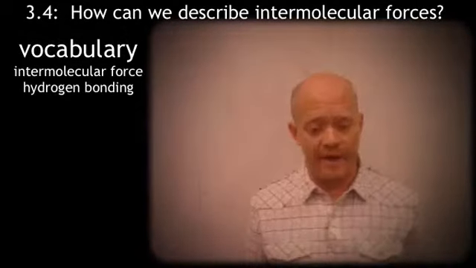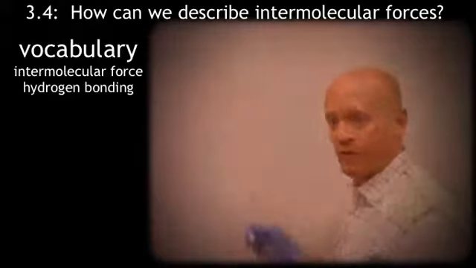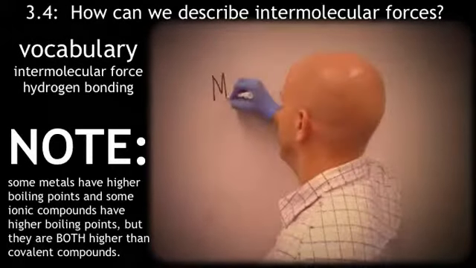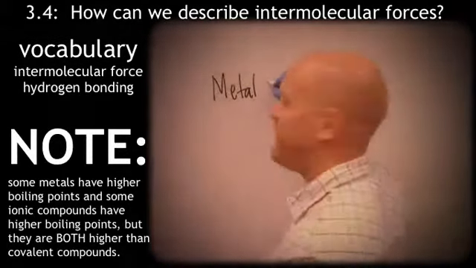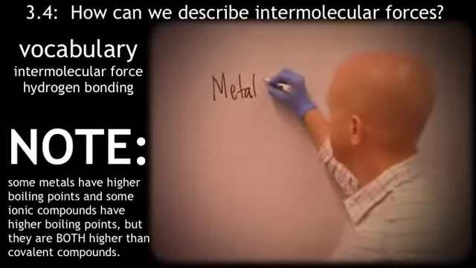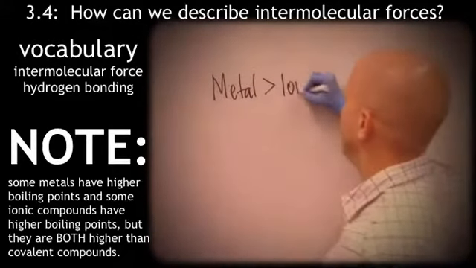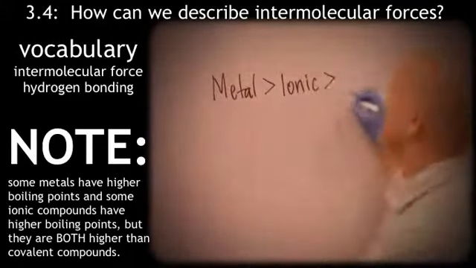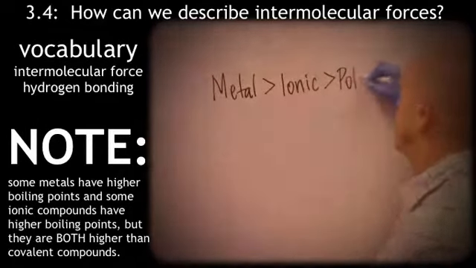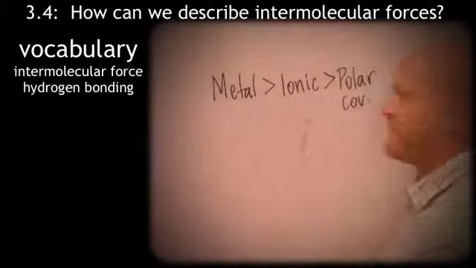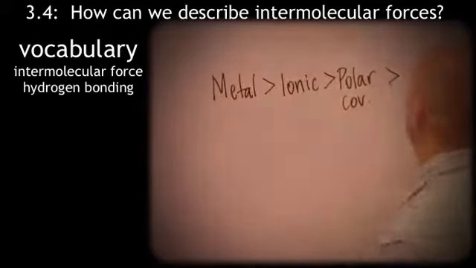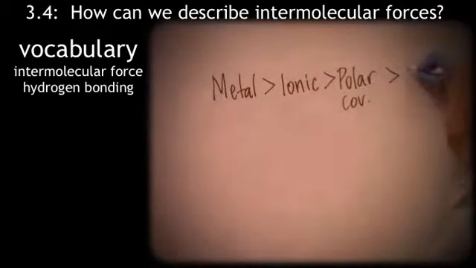All right, to summarize, now in terms of intermolecular force, we have metals have the highest boiling point. Then we have ionic compounds. Then we have polar covalent. And finally, the lowest boiling point will be the nonpolar covalent.